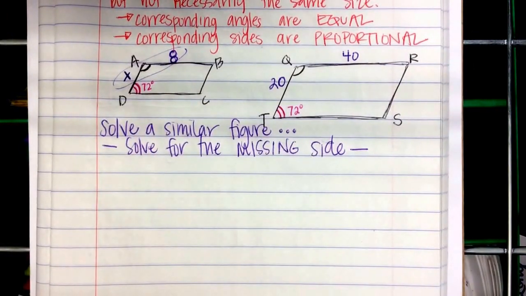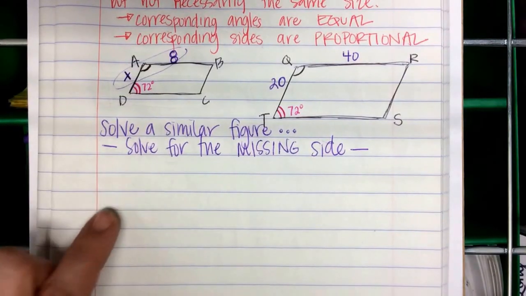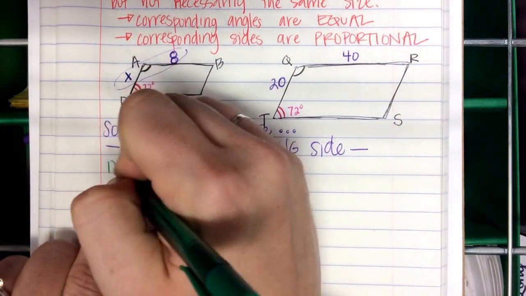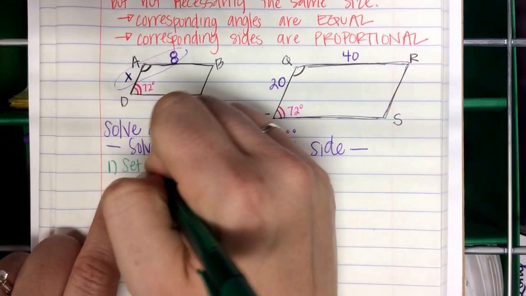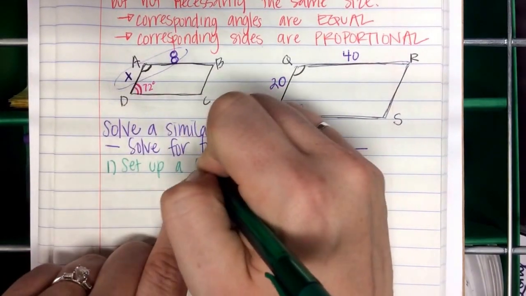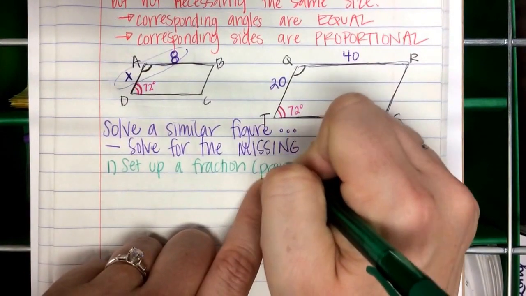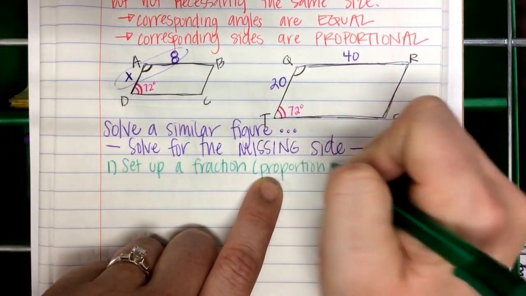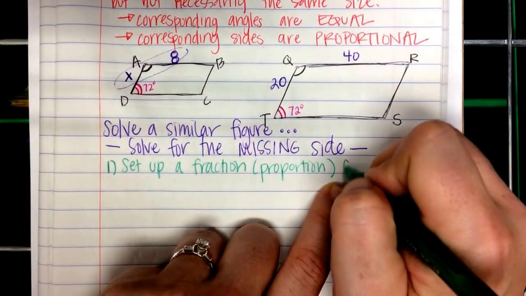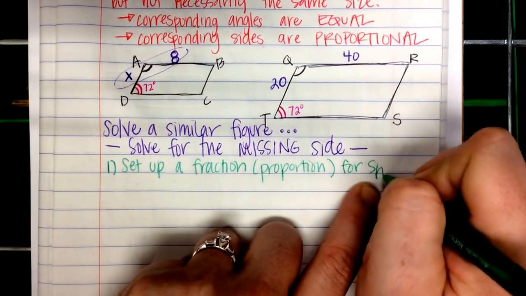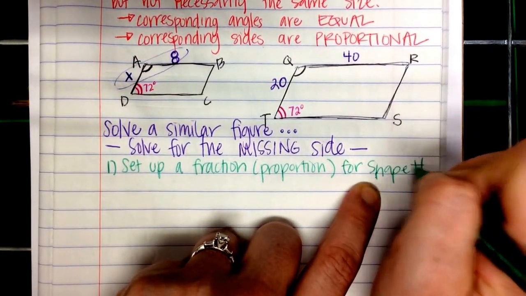Step 1: set up a fraction, which is a proportion, for shape number 1.